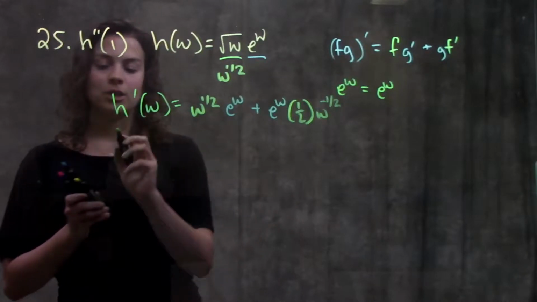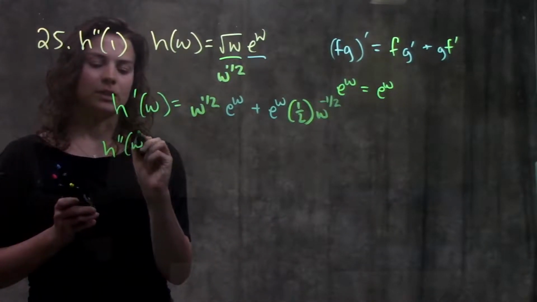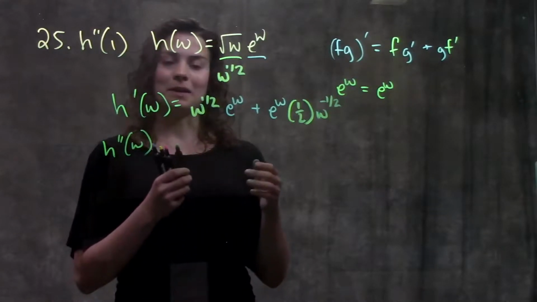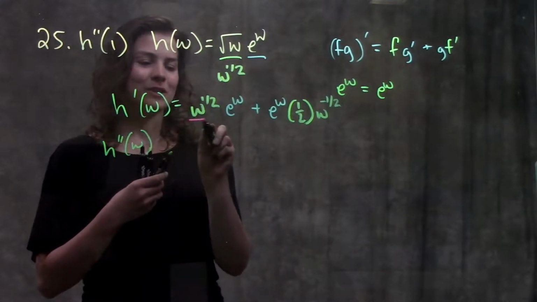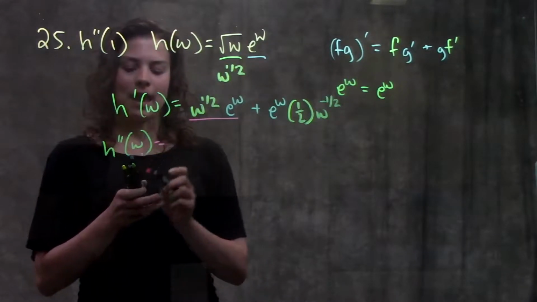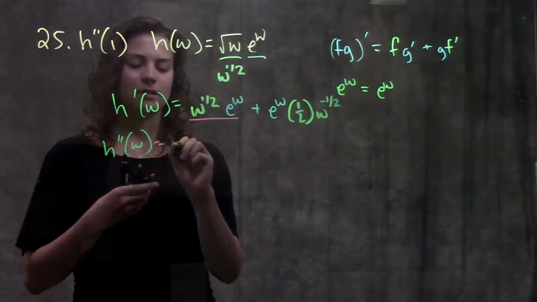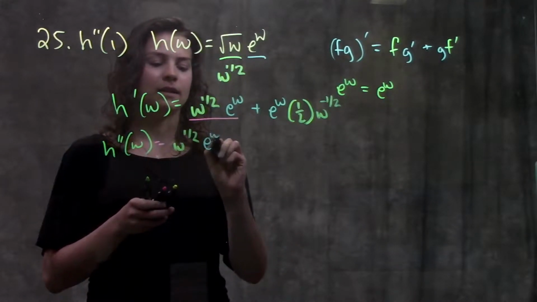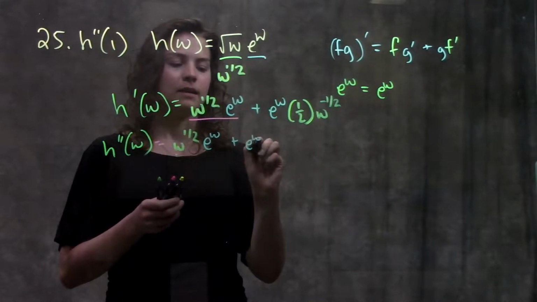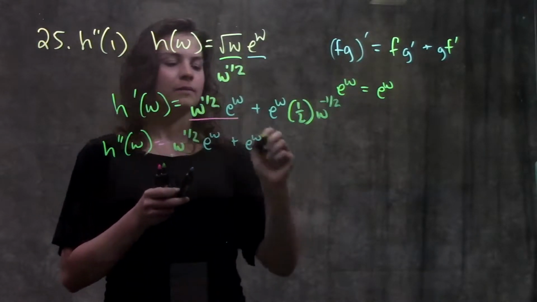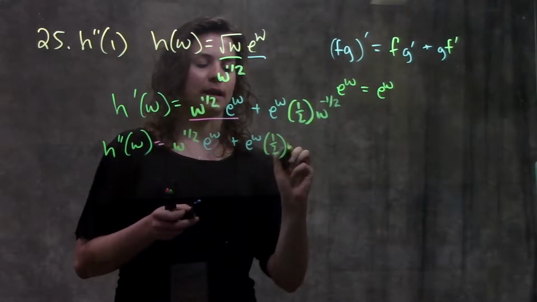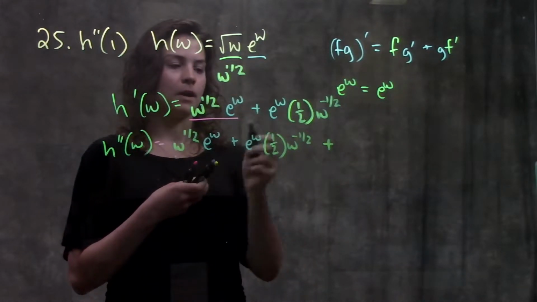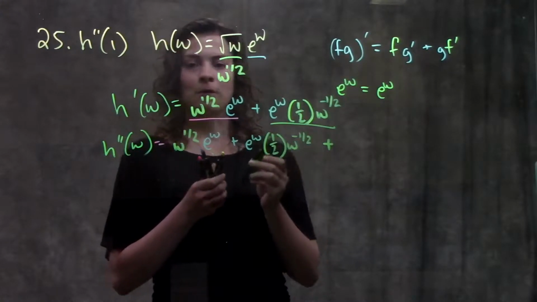All right, now I'm going to do the same thing and find my second derivative. So second derivative, I use all the same rules, it's just a little bit longer now. So of this first part, I'm going to use my product rule, and I get my first, which is w to the 1/2, times the derivative of the second, just e to the w again, plus my second times the derivative of the first. I do the same thing, bring the exponent down and subtract 1. Plus now my derivative of the second part here. I use the same product rule again.